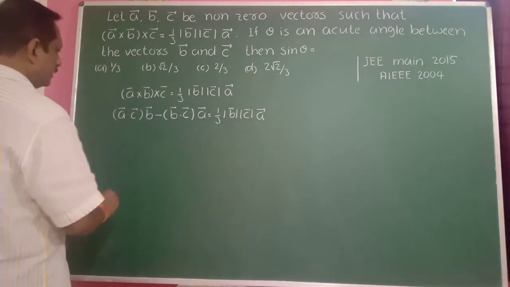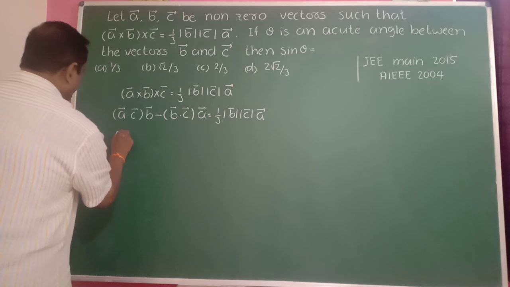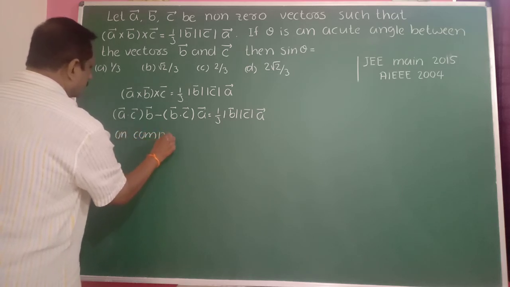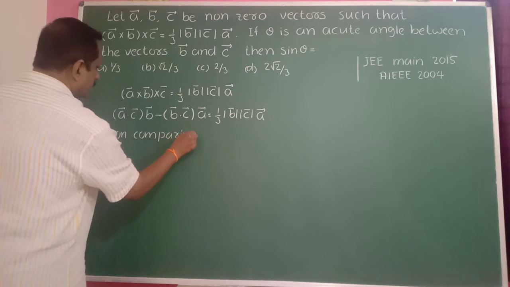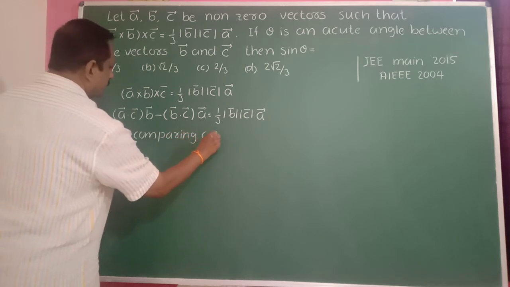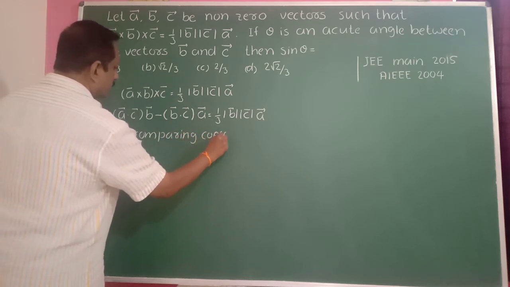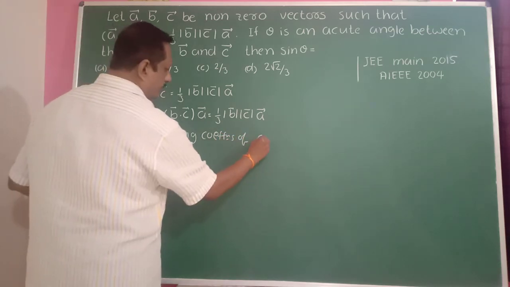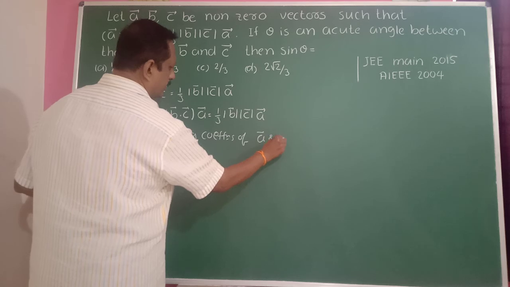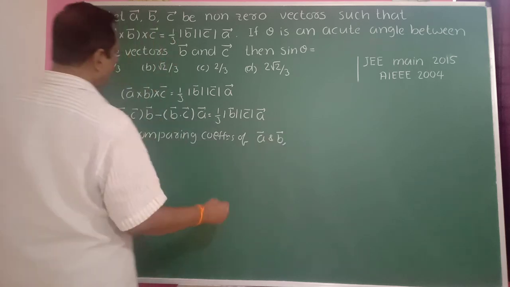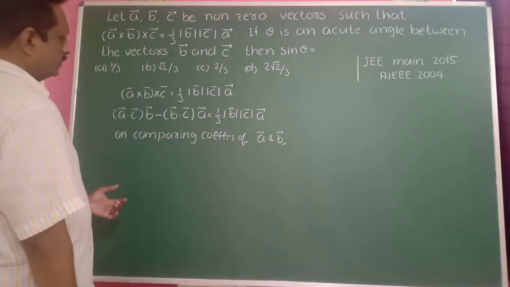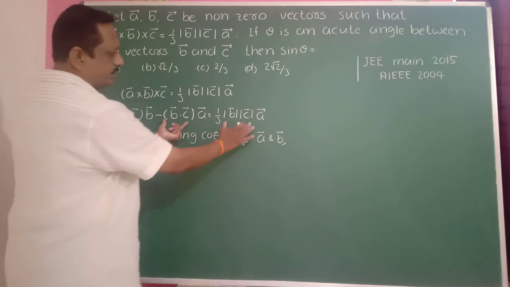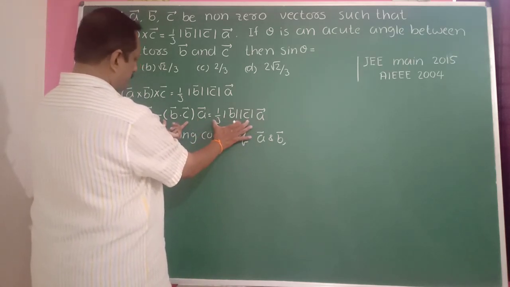Therefore, on comparing coefficients of a bar and b bar, the a bar coefficient on the left side is this one, and the right-hand side a bar coefficient is this, equated here.